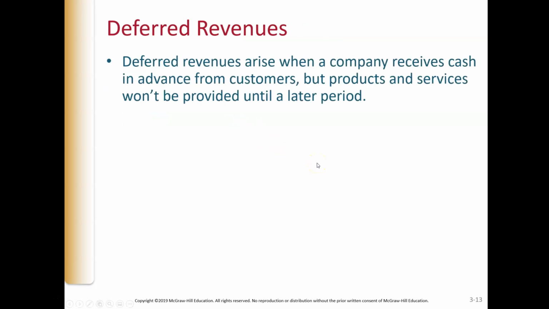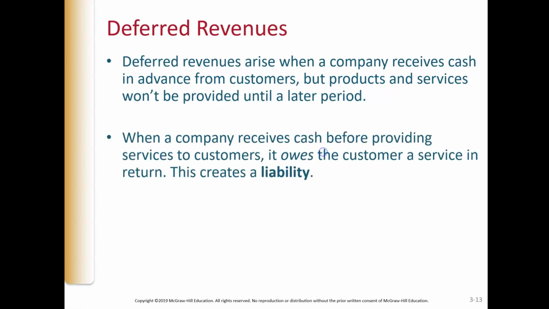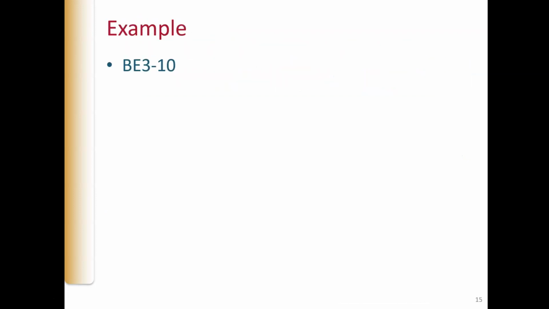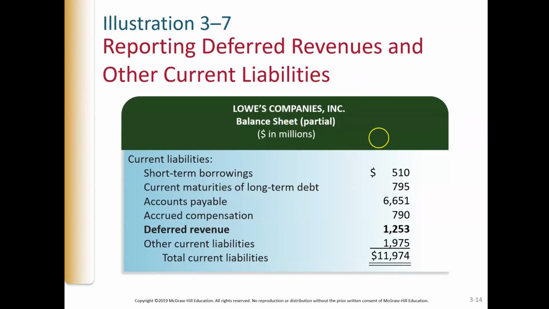Let's talk about deferred revenues. That's when we receive cash in advance before providing the service. And then we create that account called deferred revenue, which is a liability account. So if we look at Lowe's company deferred revenue, there's a lot of money in deferred revenue because this is in millions.